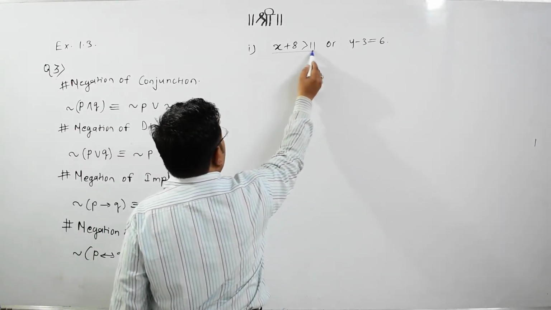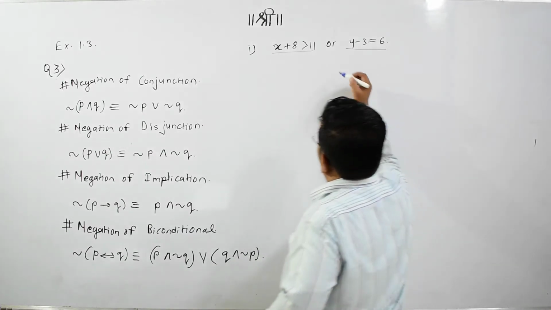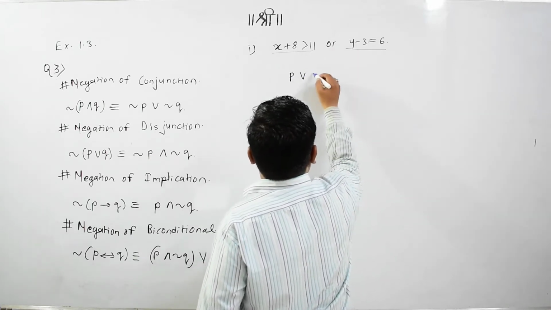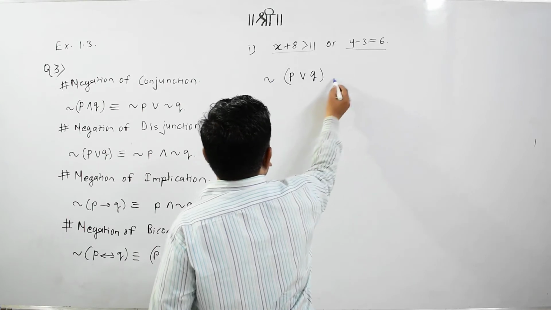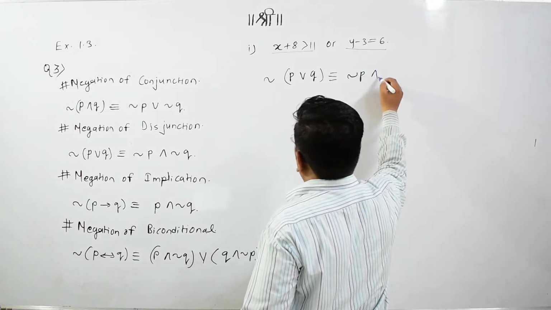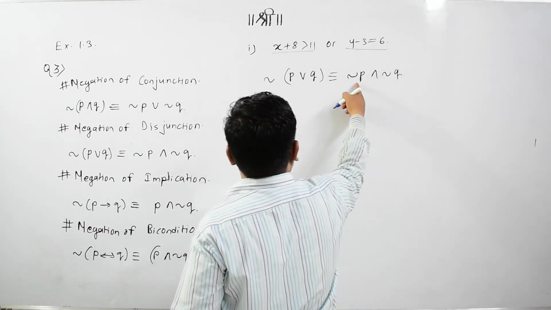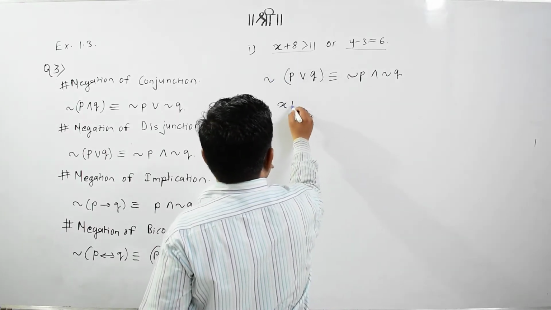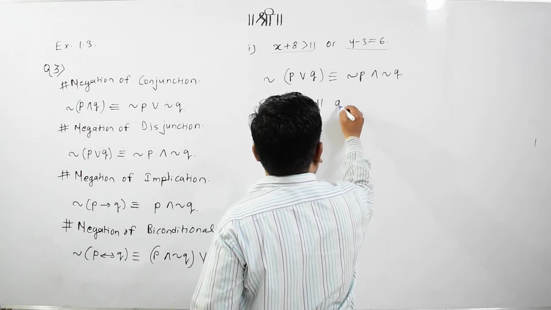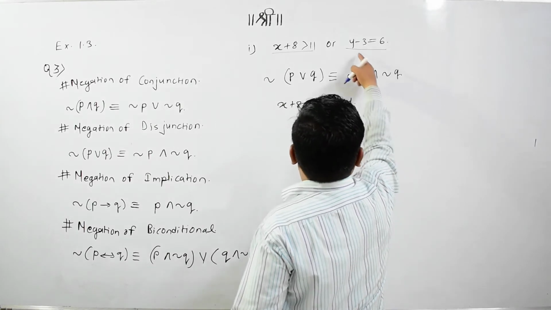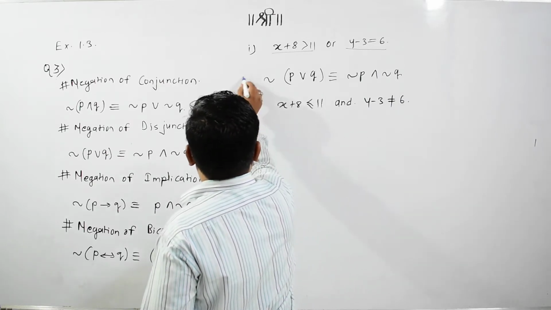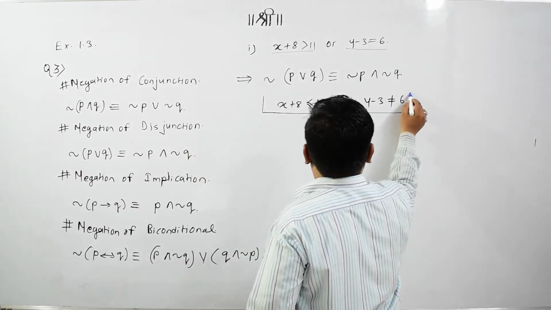If I take the first statement as P, the connective as OR, and the second statement as Q, we have negation of P and negation of Q. So the negation will be x plus 8 is less than or equal to 11, and the connective becomes AND, and y minus 3 is not equal to 6. That's how we form our answer.